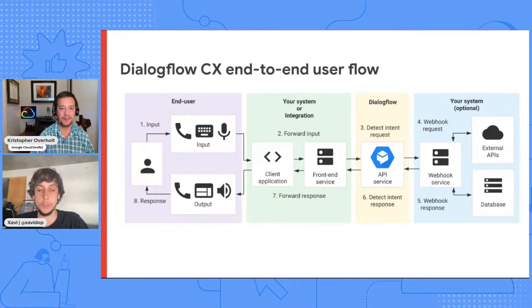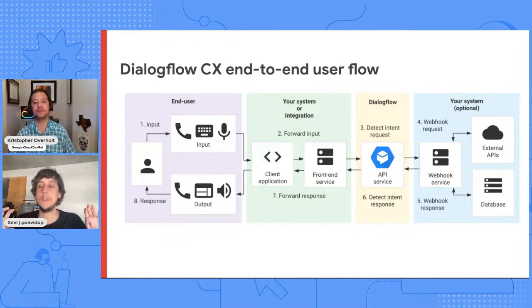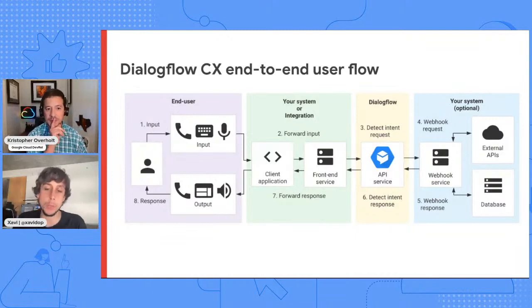Imagine that you have the same agent for all the locales, because Dialogflow CX supports multiple locales. You can have a webhook that you can use to retrieve the responses in the language that the user is interacting with, for example.